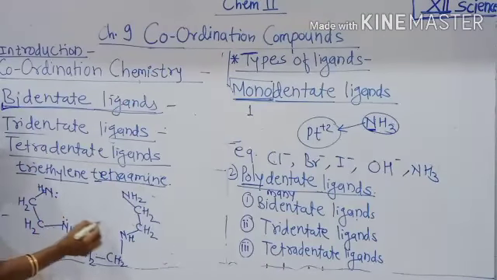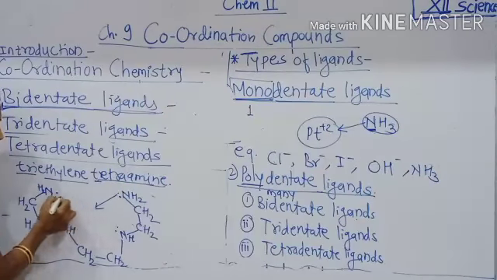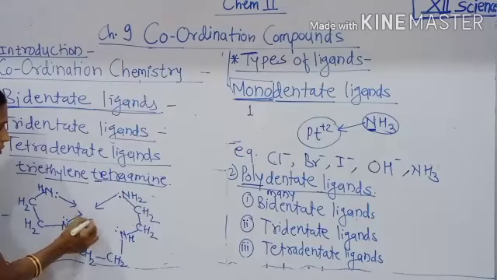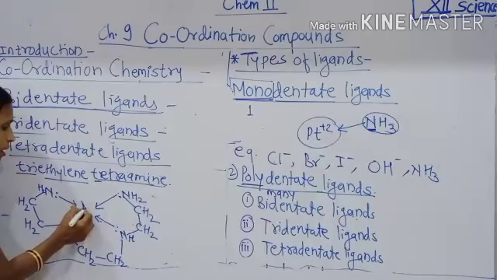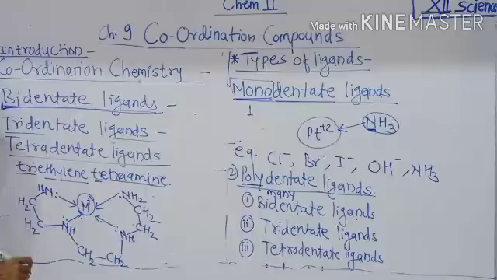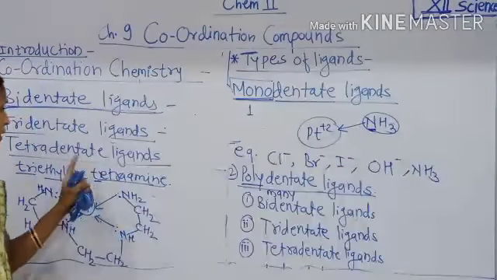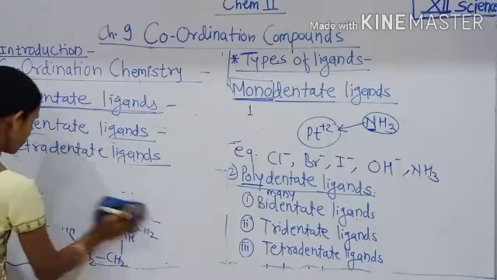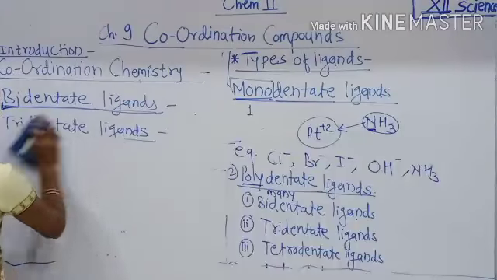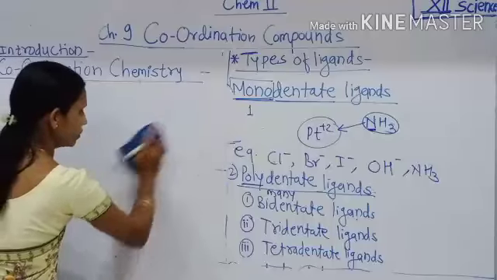These 4 nitrogen atoms in triethylene tetramine are the electron donor atoms, that is, these are coordinated with the central metal ion in the metal chelate. Therefore, triethylene tetramine is a tetradentate ligand.